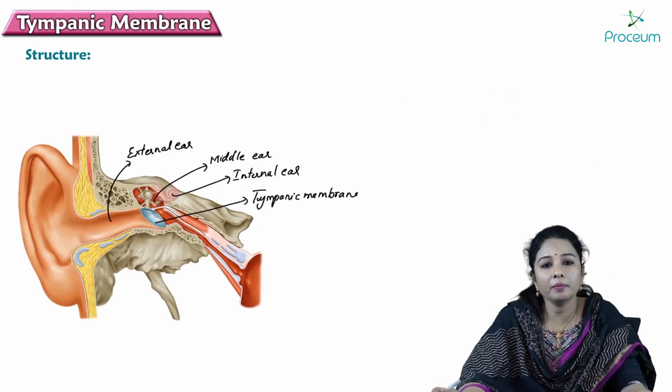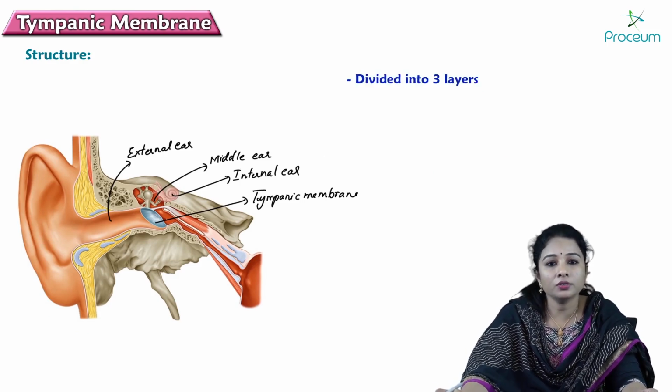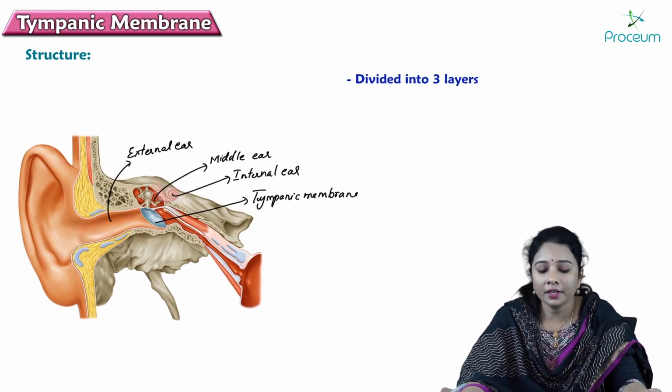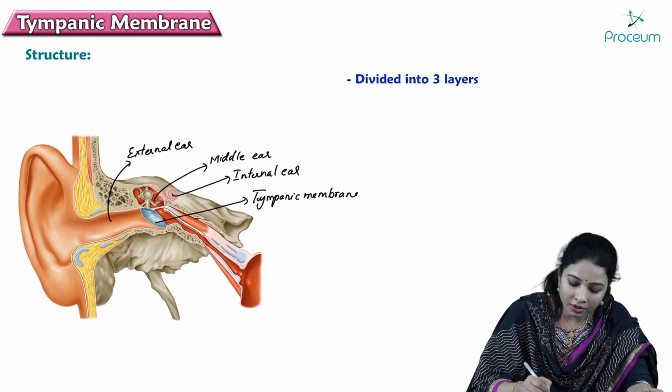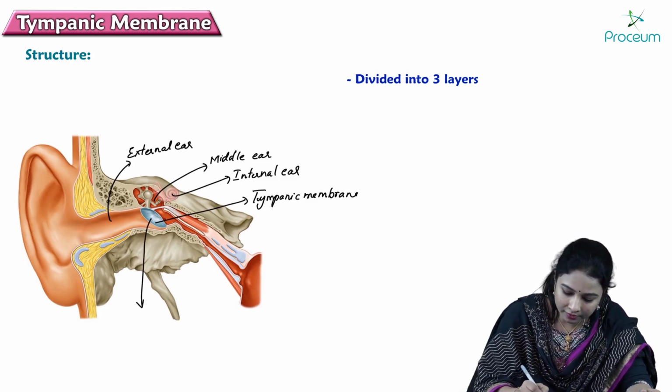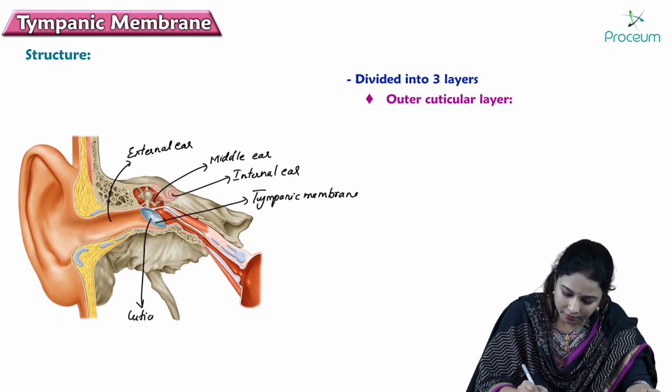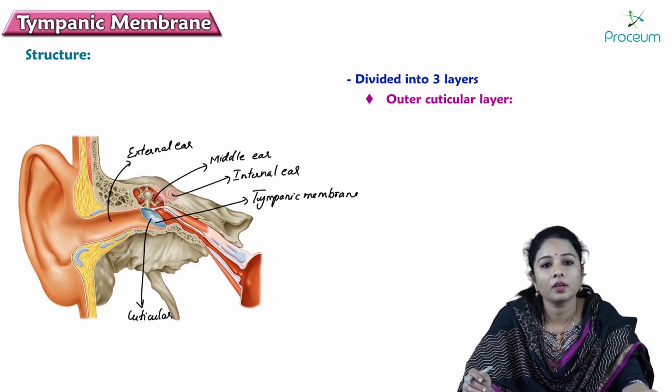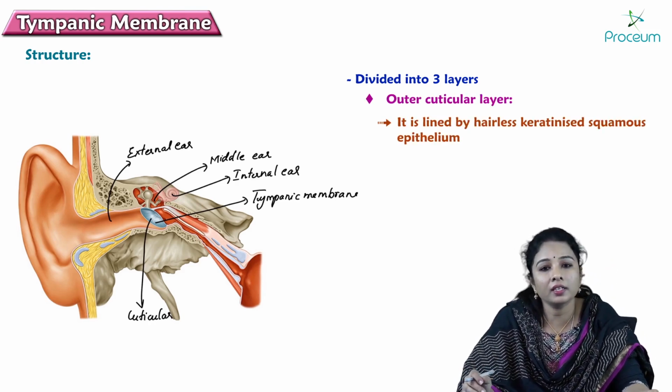Structure of the tympanic membrane. It is divided into 3 layers. The outer layer is the cuticular layer, which is towards the external acoustic meatus or external ear. This side will be the cuticular layer, and it is lined by hairless keratinized squamous epithelium.